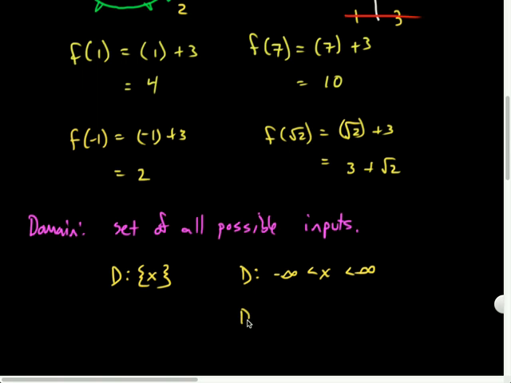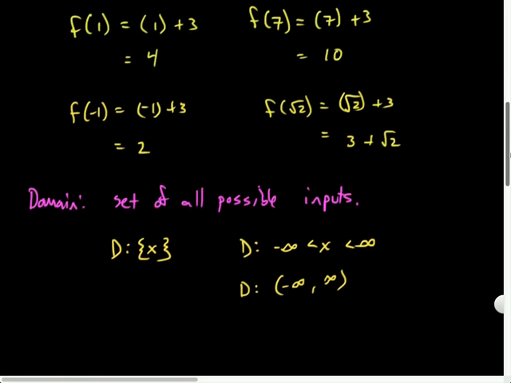You might say the domain is from negative infinity, non-inclusive, to positive infinity, not inclusive. So there's actually a bunch of weird ways you can write this. And I'm going to try to have you be familiar with those over time as we use them all.